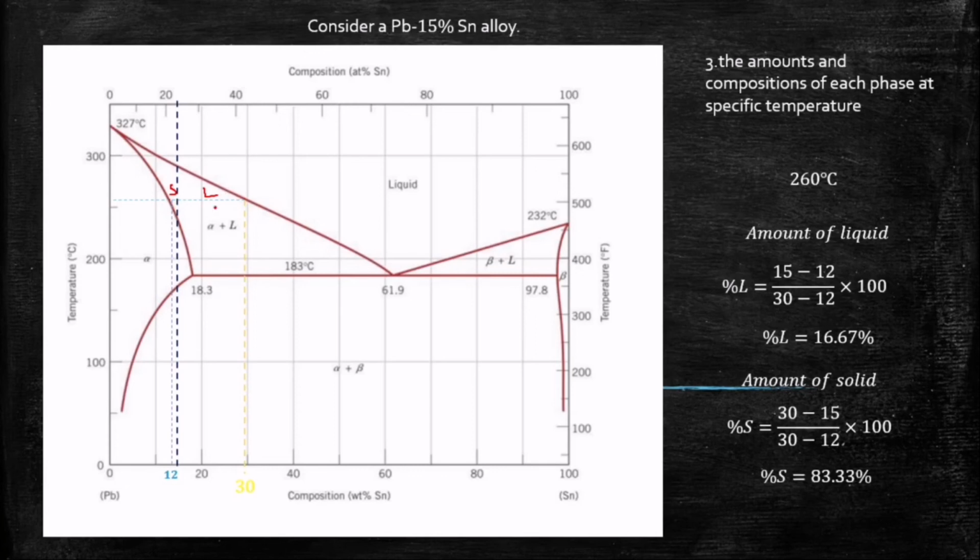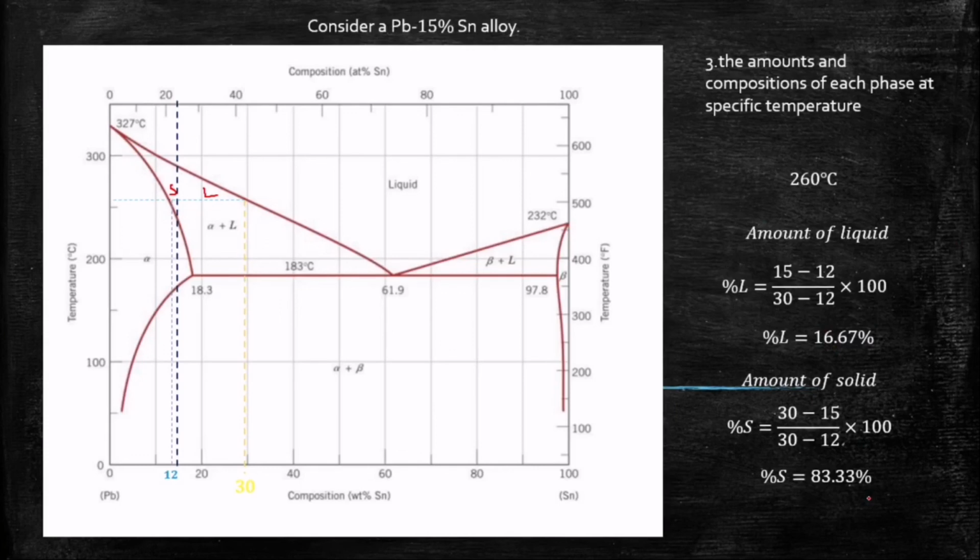You can either find one and subtract it from 100%. If you're asked for the fraction, then you leave it in fraction form and don't multiply by 100. But if you're asked to find the amount, then you multiply it by the percentage. So you can subtract 16.67 from 100%, and you get 83.33%. As simple as that.